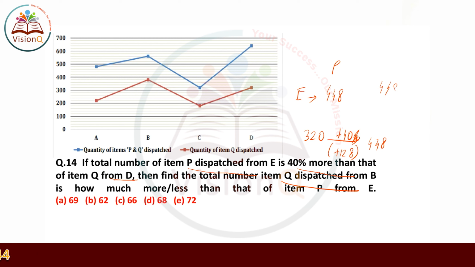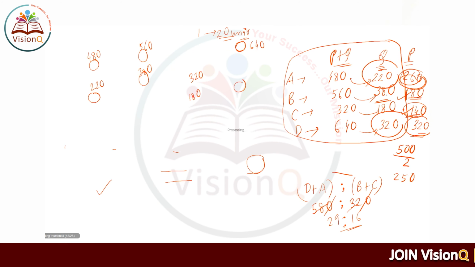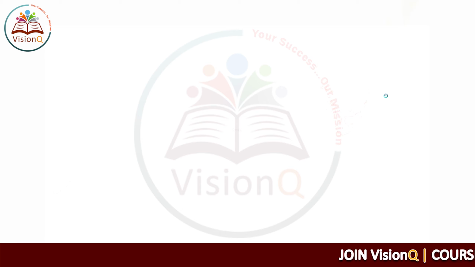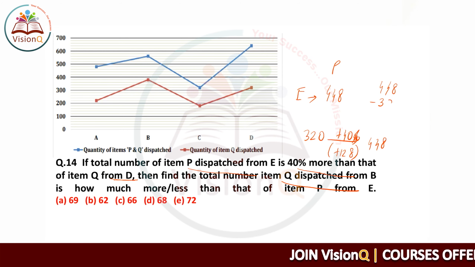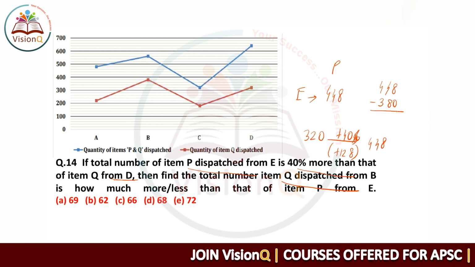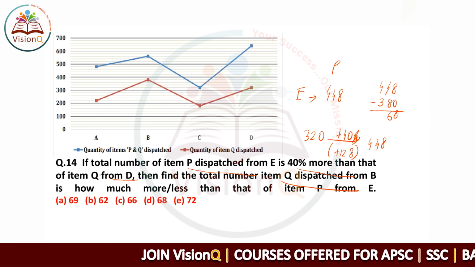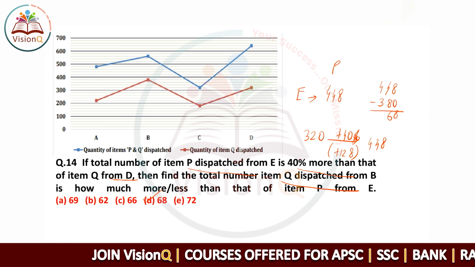To find out that value, subtract 448 minus 380. The value will be 68. The correct answer is option number D, which is 68.